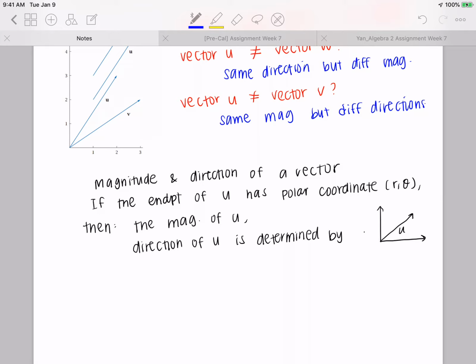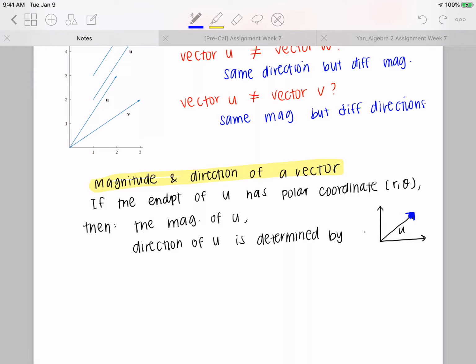So let's move on and do some math from here. Magnitude and direction of a vector. Let's talk about how we look for these. If the endpoint of u has polar coordinates r comma theta, and if you don't know what polar is, go back to my previous lesson and look at how we find polar. The endpoint, which is right here, even though the arrow represents a direction, doesn't mean it's going to keep going. So that point right there is r comma theta.